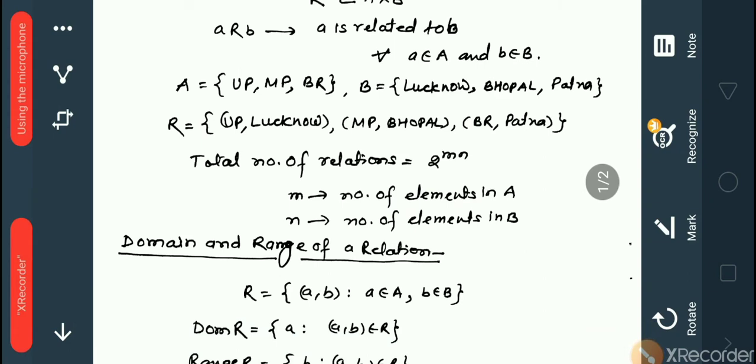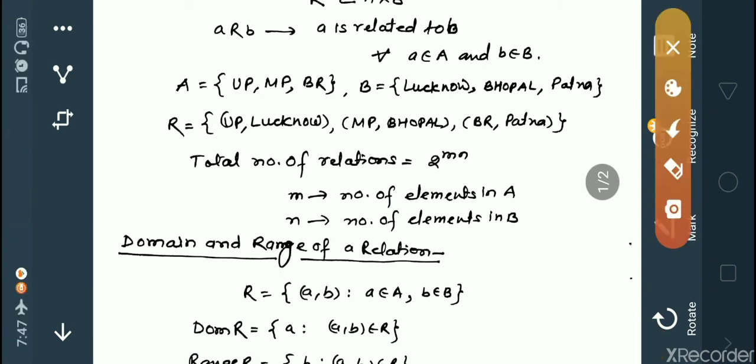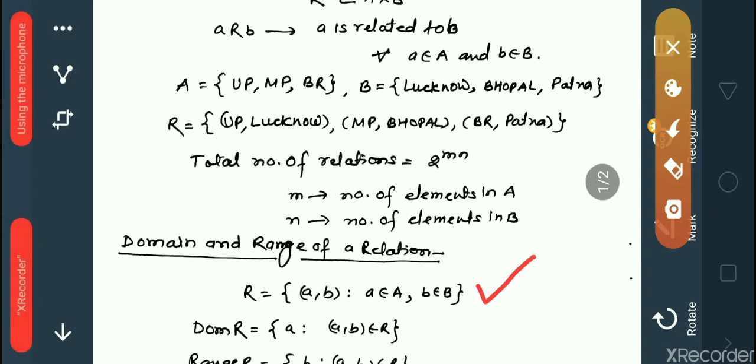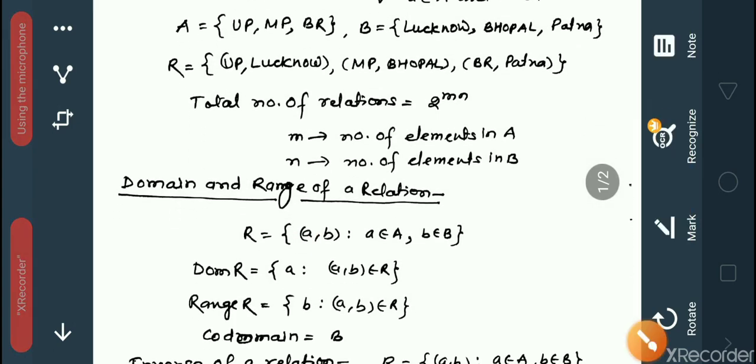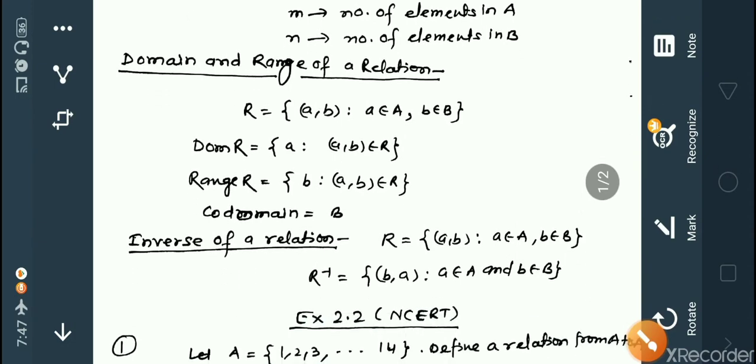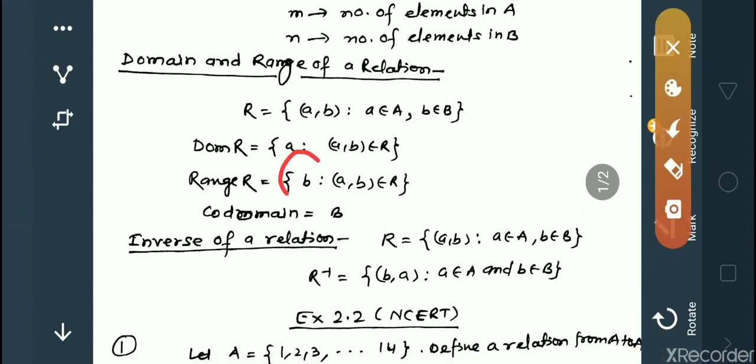Now we talk about domain and range of a relation. Suppose there is a relation R, (a, b), such that a belongs to A, b belongs to B. Then the domain of R will be the collection of first elements, that is a here, and the range will be the collection of second elements, that is b here.